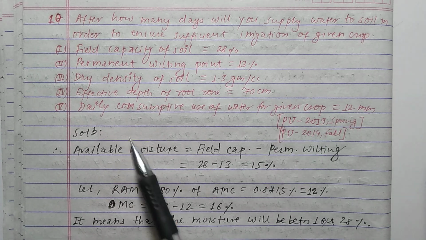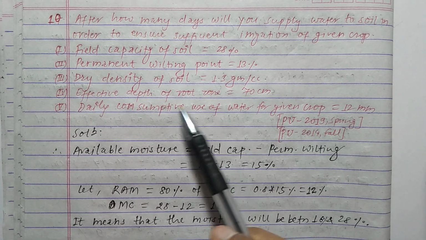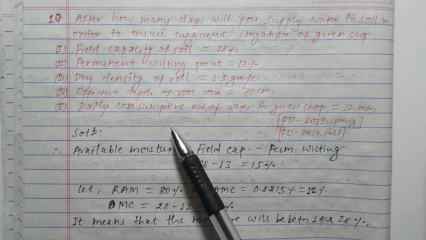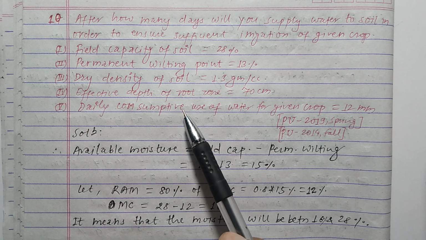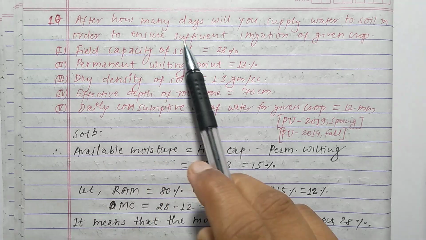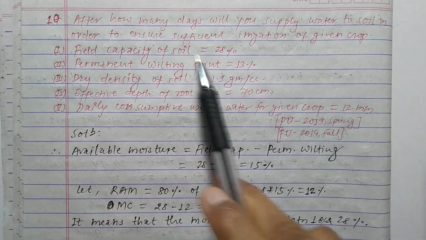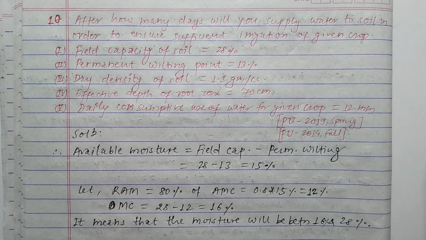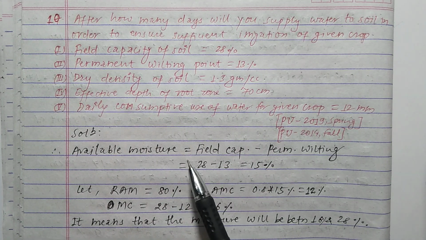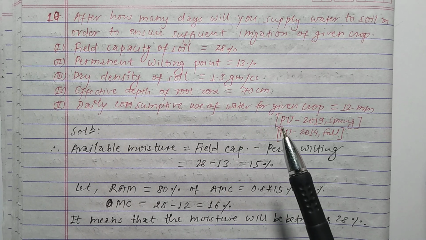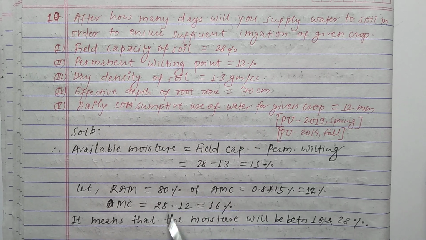These data are given in the question, and we have to calculate the number of days. So how can we calculate?